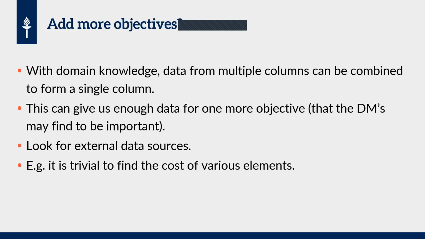What about more objectives? I mentioned that for most of the other objectives, there are very few, less than 50 data points in each of the columns. But that does not mean that we cannot use them.